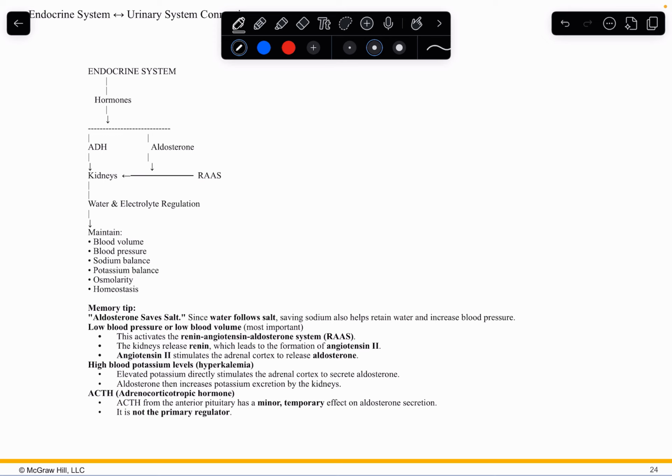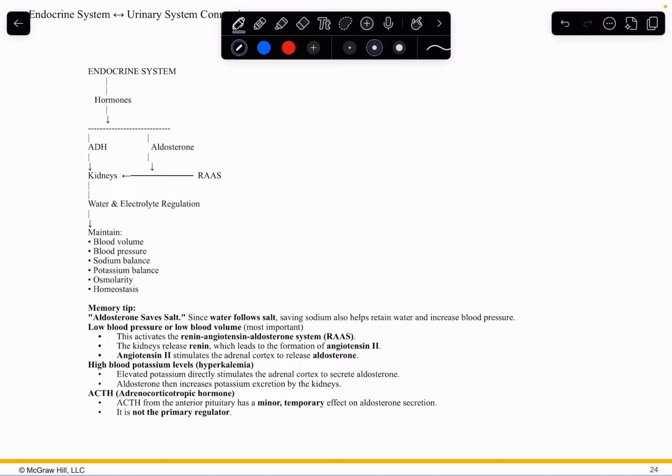In order to understand this chapter, you have to make sure you understand how the endocrine system and urinary system work together. The endocrine system produces hormones, which we know act as chemical messengers, while the urinary system, one of the structures being the kidneys, responds to these hormones by adjusting water and electrolyte levels in the blood. That's what the kidney does.